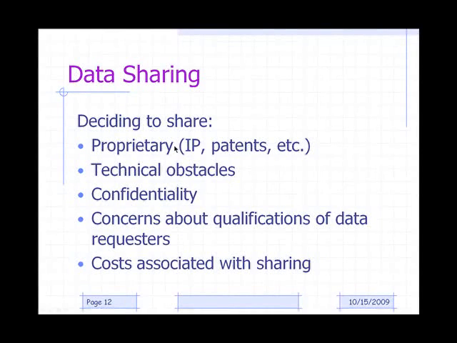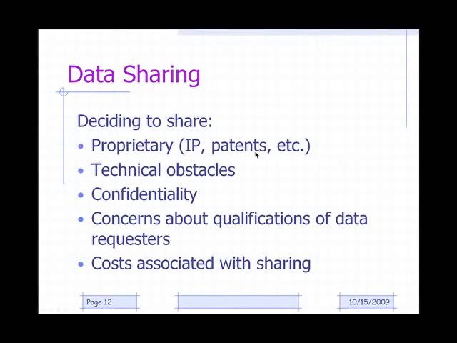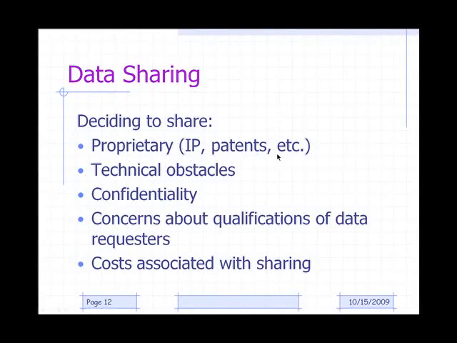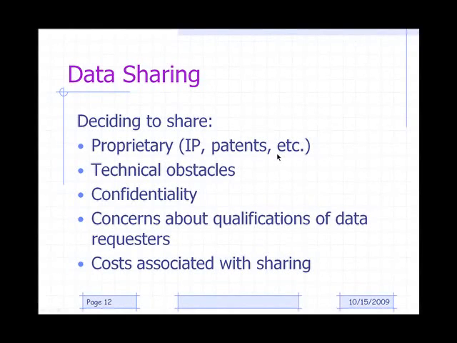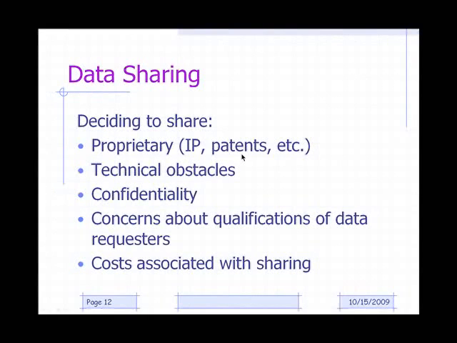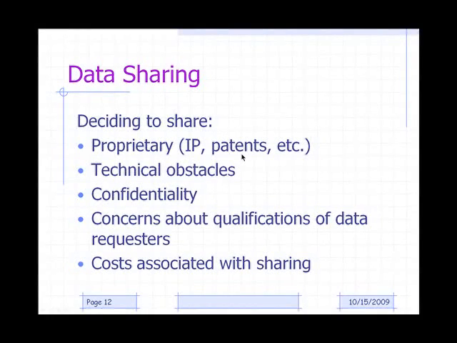Well, for proprietary information, IP leading to patents and things of this sort, sharing has to be done very carefully. The public disclosure can destroy the potential patentability of what could be considered an invention.